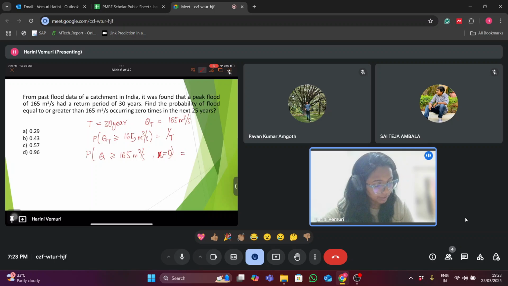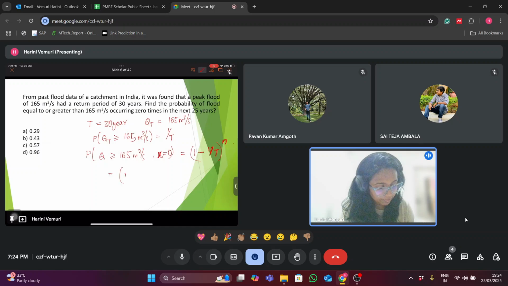That is equal to 1 minus 1 by T whole power N. So the probability of event not occurring is 1 minus 1 by T. It should not occur for 25 years, so power N we are raising.